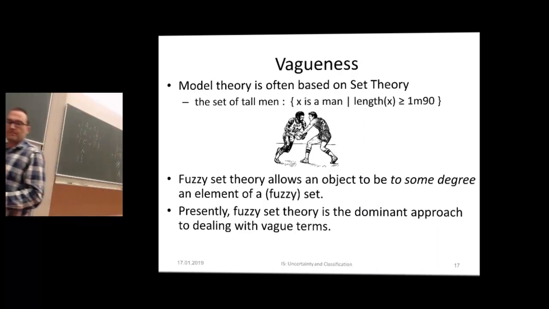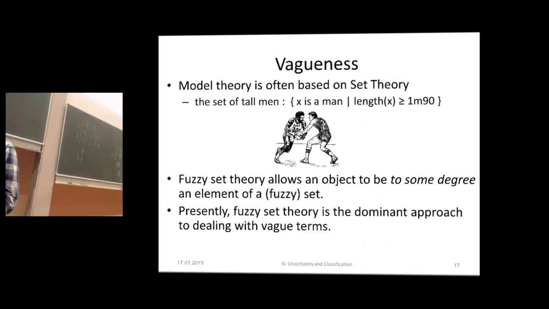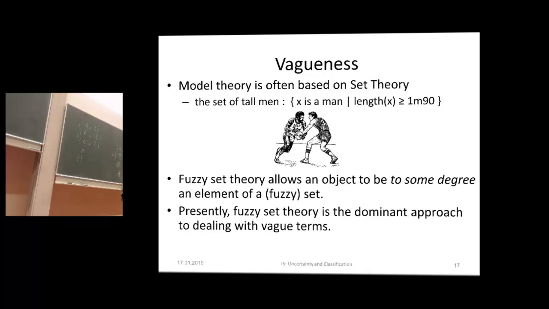So the model theory that I described for propositional logic was based on the notion of truth: a certain formula being true or false, and an atom being true or false. But there is an alternative way of looking at this if you have a predicate, where an object could be either in the predicate or not.